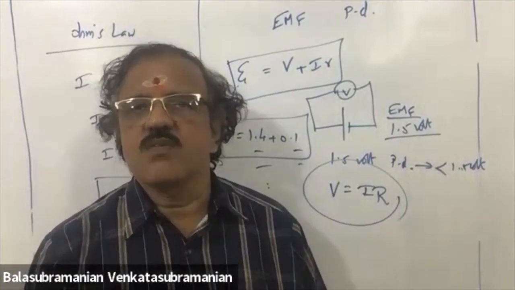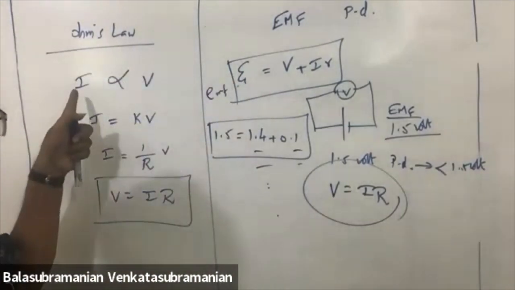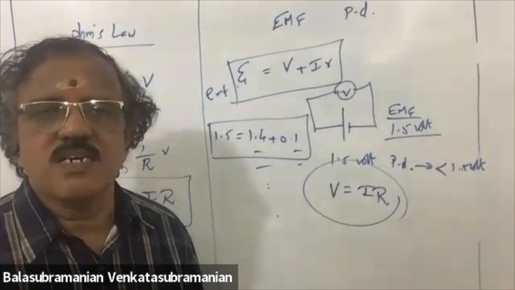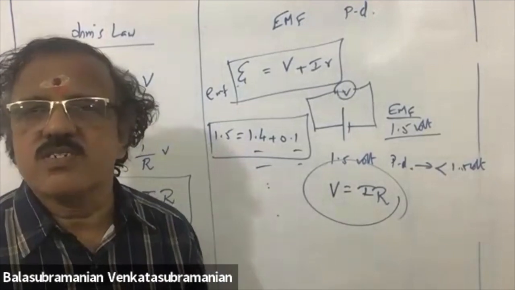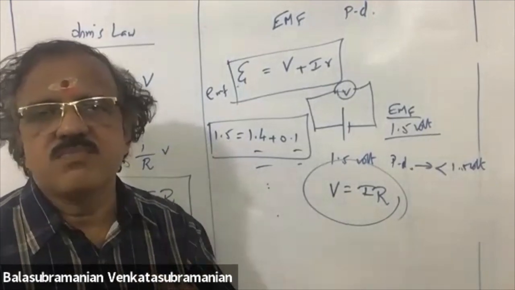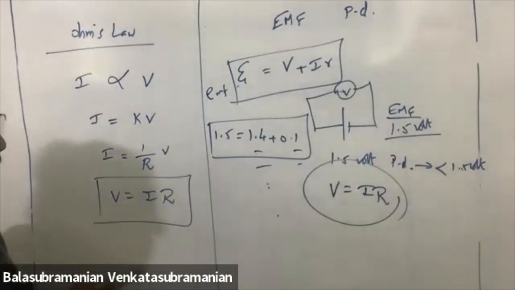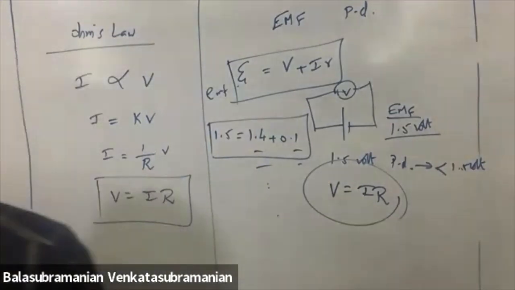You have to define that at constant temperature the current passing through the wire between the two ends of the conductor is directly proportional to the potential difference. I proportional to V, and V is equal to IR. We call it Ohm's law. Okay, fine.